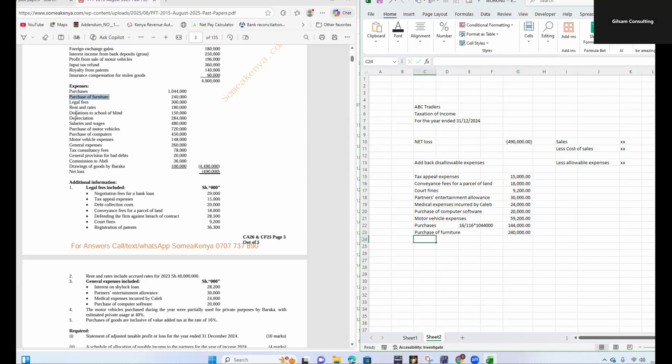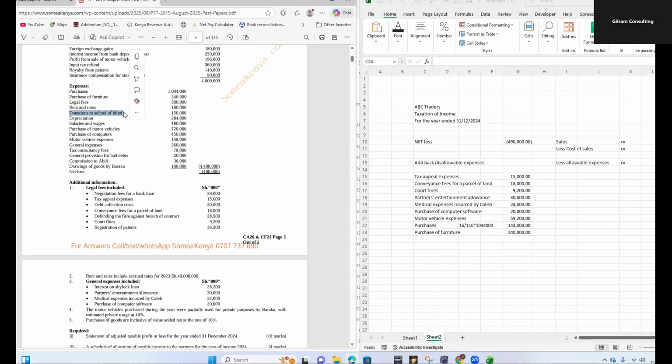Legal fee, we have seen that. Donation to School of Blind. Yes, it is a charitable school, but it must be registered. The examiner has not told us, so we assume it is registered. Donations are allowable if they are not for political parties.